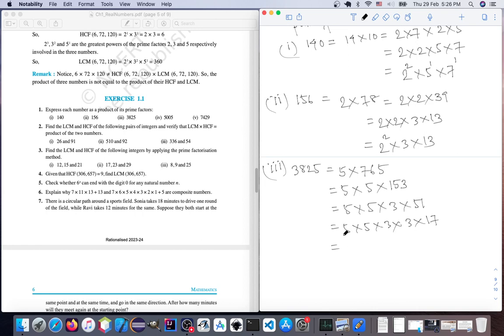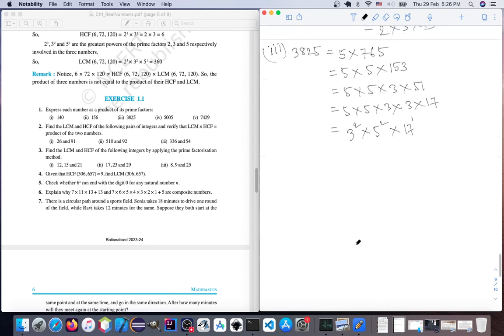It cannot be factorized further. So if you now arrange the prime factors in ascending order and combine the similar primes to powers, it becomes 3 square into 5 into 17 to the power 1. We should write 1 over here. This is the prime factorization.